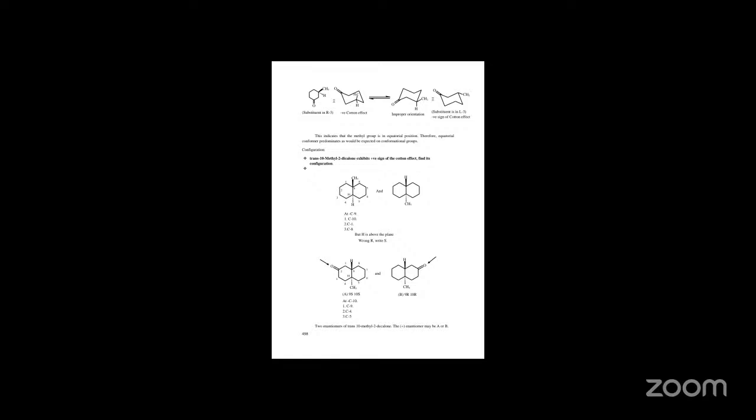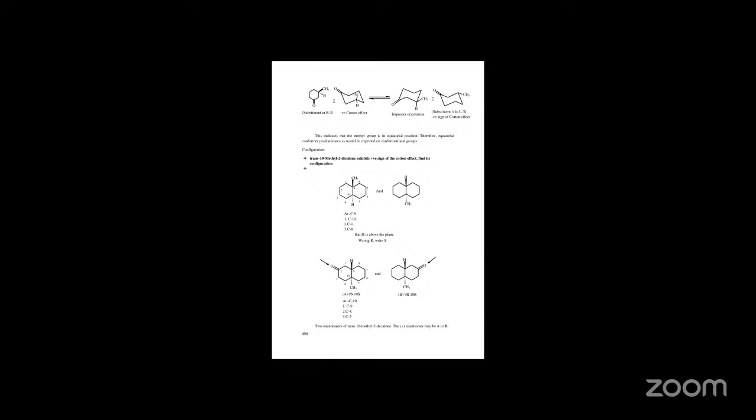Then the methyl appears away from the observer here, so it is a positive Cotton effect, and nearer to the observer it is showing a negative Cotton effect. So it is the S configuration structure here. So its configuration is S.